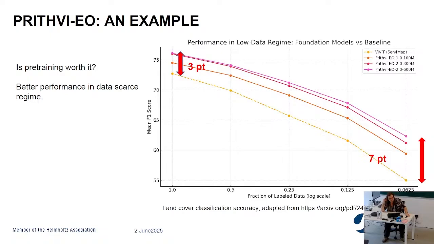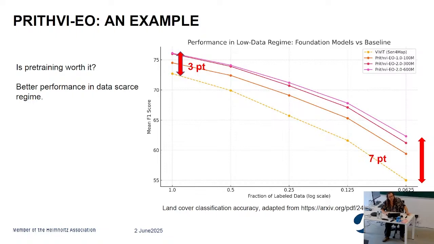At inference, on the left side of the plot, you'd see that this PRIV model, the geofoundation model, is performing 3 points better when we are fine-tuning on the whole data set.